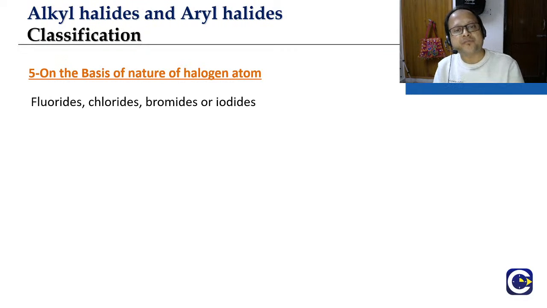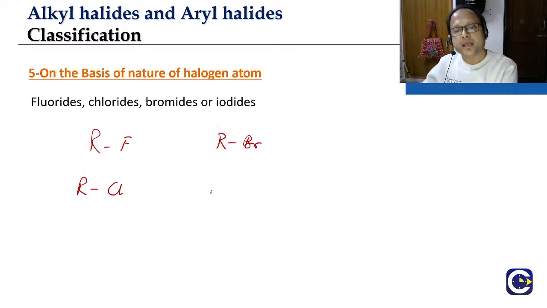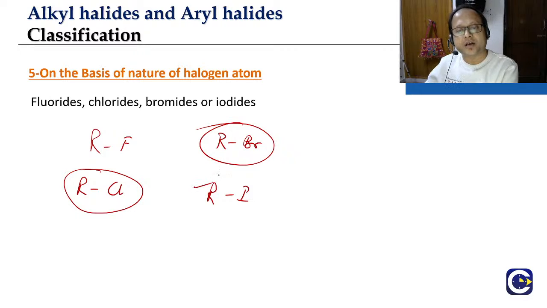Now on the basis of the nature of the halogen atom, what do we have? We have 4 different halogens. So whether it is fluoroalkane, chloroalkane, bromoalkane, and so on, right? So RF, RCl, RBr, and RI. We are going to focus mainly on RCl and RBr, to some extent on RI.